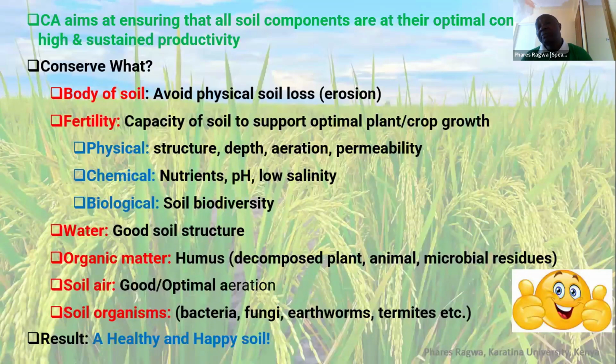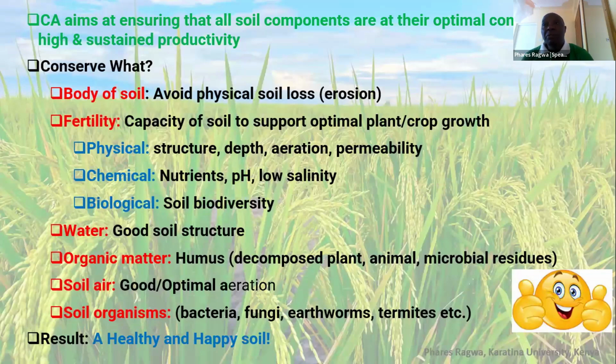And when we talk about soil fertility, we look at it from different dimensions. We have the physical fertility of the soil, that has to do with the structure, the depth, the aeration, the permeability, the infiltration rate, etc. of the soil. We need to sustain those important physical properties. And then we have the chemical aspect of soil fertility.